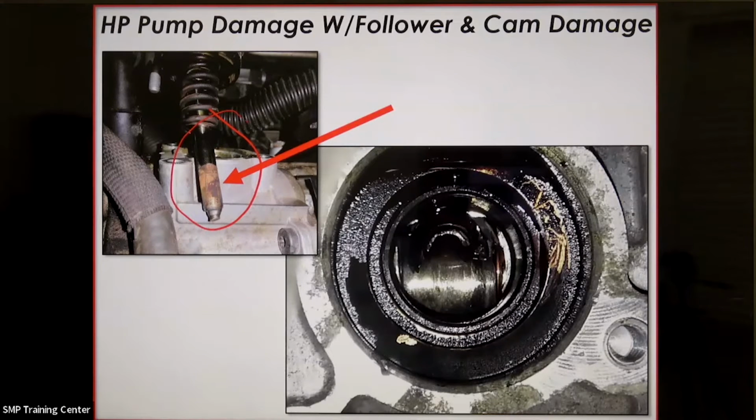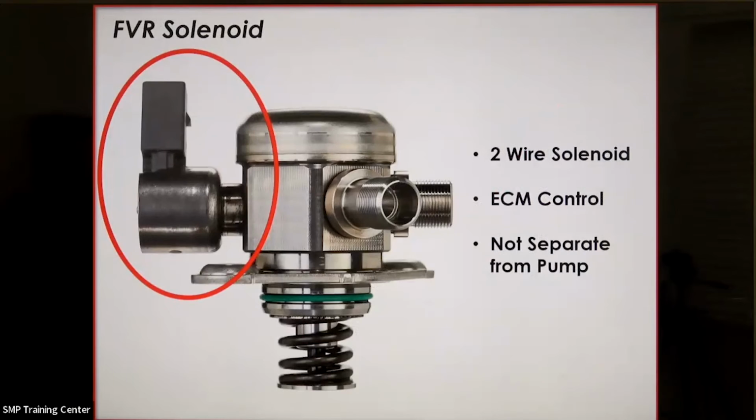When he looked down inside where the lifter is, right here in that hole, you can see that the entire center portion of that lifter is actually gone, and you're looking down on top of a damaged camshaft. So there's some serious engine damage here that needs to be addressed. And no doubt there's probably even some sparklies floating around in that engine oil, I would imagine.